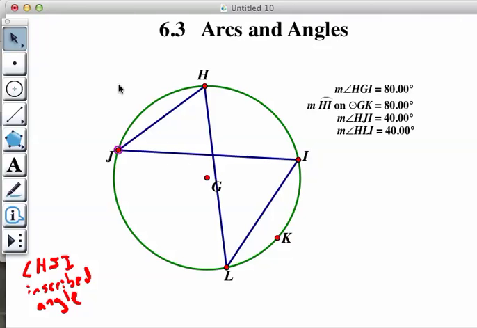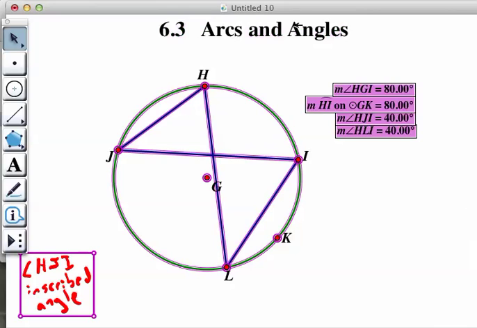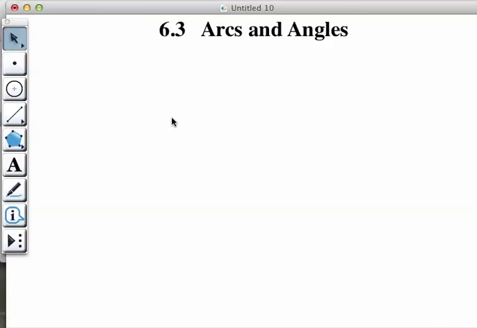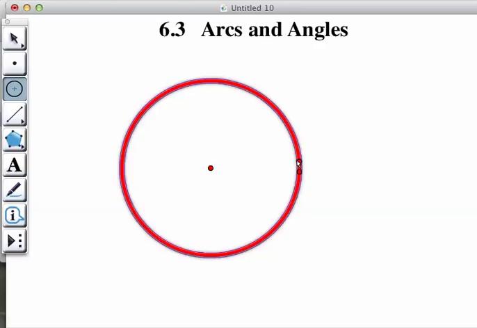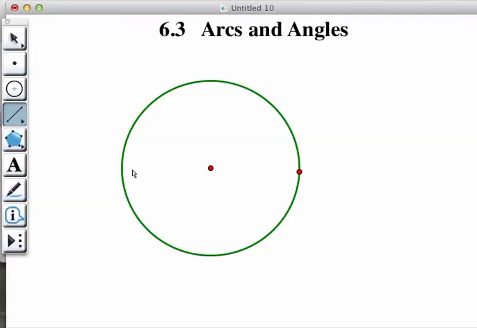Now, if I start over with this, take all these things away, I'm going to put another circle out here. And I'm going to create, see if you guys can figure out what I'm doing.